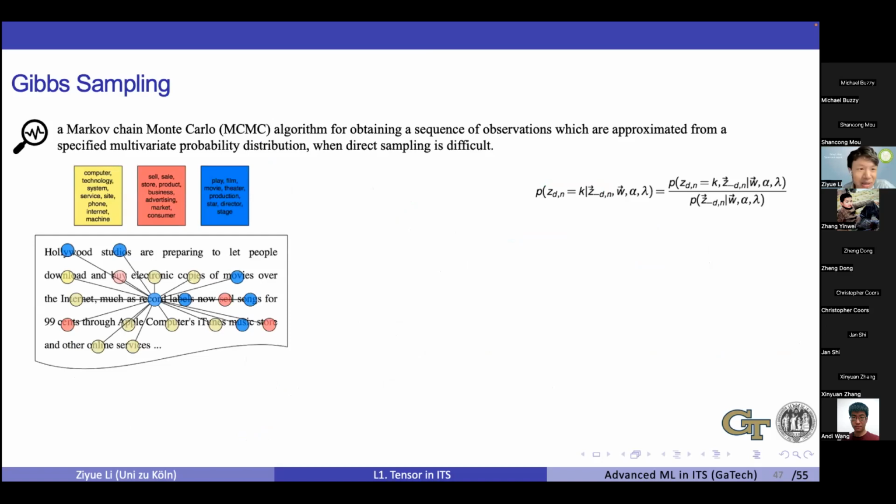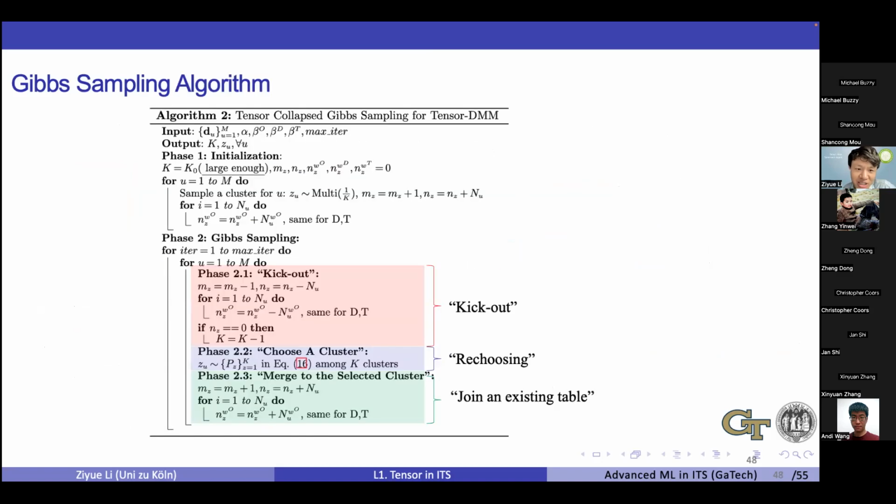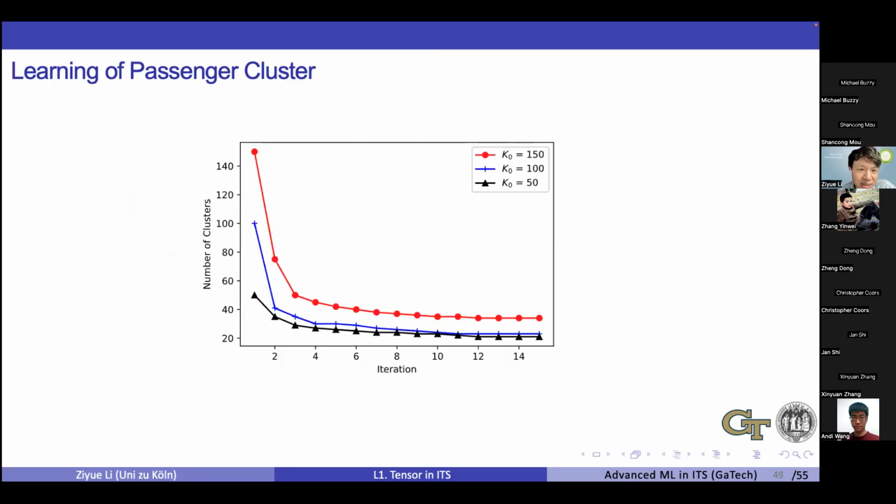So yeah, this is the interesting part. And we use Gibbs sampling to learn the topic, and I will skip this part. And this is the topic number we learned: we start from a super high value, and then it decreases over the iterations, and you can see it converged around 25 clusters for the passengers.